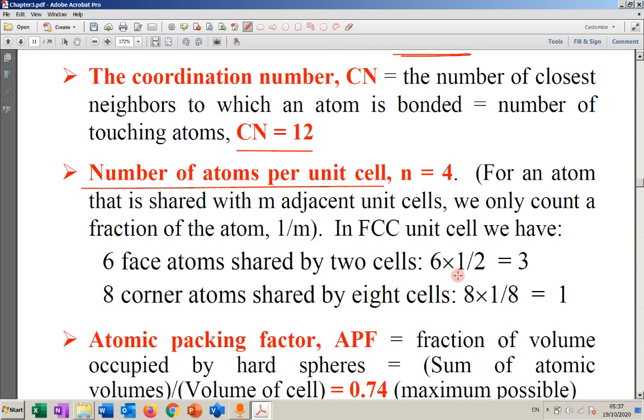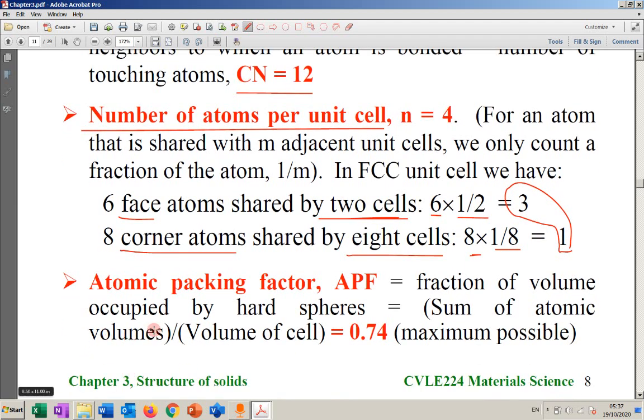As we said, face atoms are shared by 2 cells, and corner atoms are shared by 8 cells. So that's why 8 corners times 1 over 8, plus 6 faces times 1 over 2, and the total number of atoms inside that unit cell is 4 atoms.